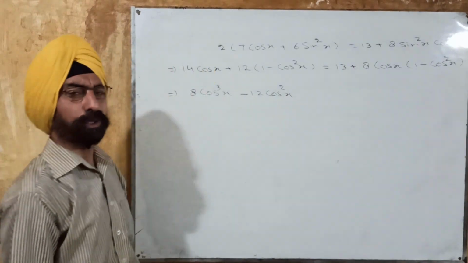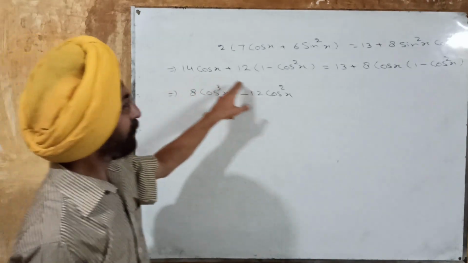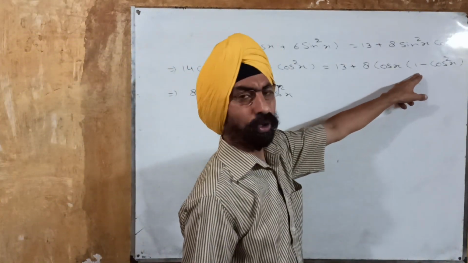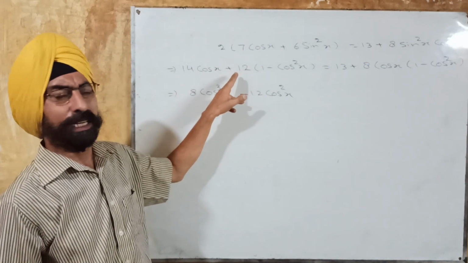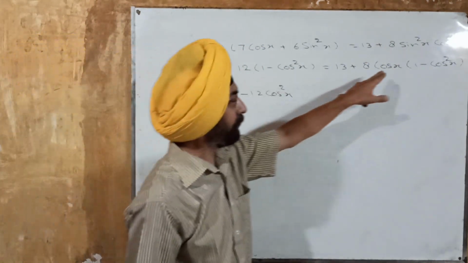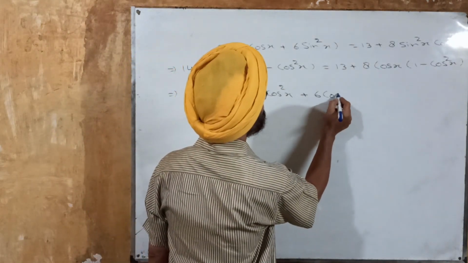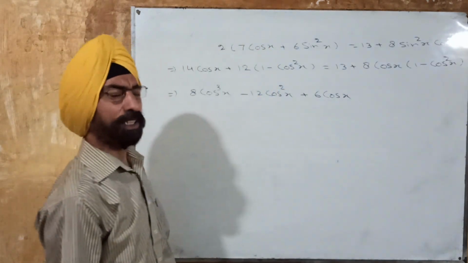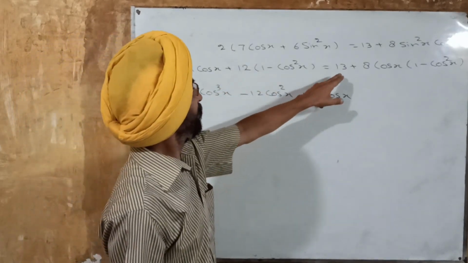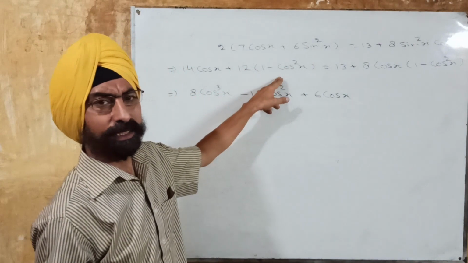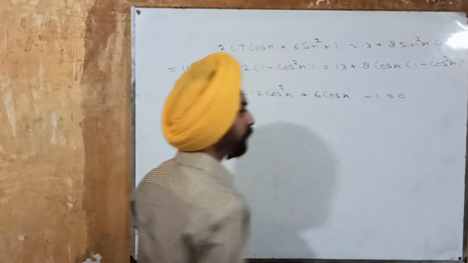How many cos x you are going to have? Here you are having 14 cos x and it is 8 cos x which will be subtracted on the left hand side. So 14 cos x minus 8 cos x will become plus 6 cos x. And what is the constant term now? It is 12 here and it is minus 13 here. 12 minus 13 will become minus 1 is equal to 0.